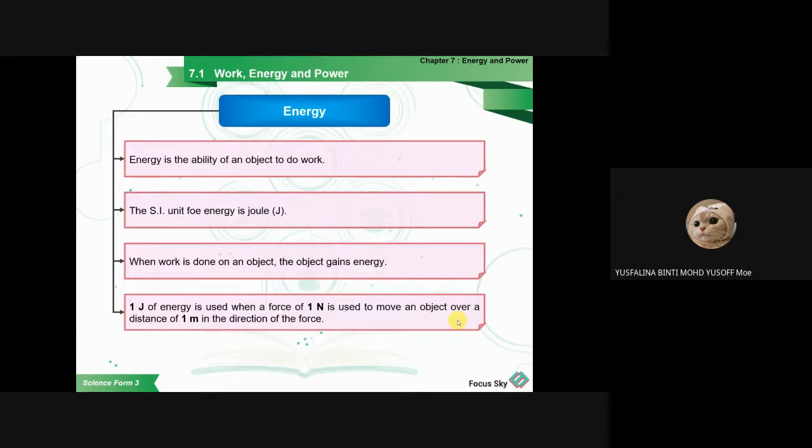So we can say the amount of energy that we use is 1 joule if you apply 1 Newton of force to move an object 1 meter. So that is the meaning of 1 joule.